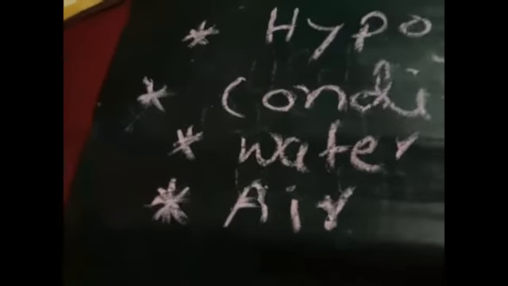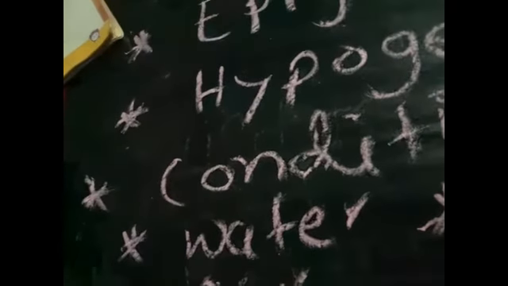Okay, the next one is warmth. Temperature is also very important for germination. Some seeds may not germinate in the summer, and some summer flowers fail to germinate in the winter.